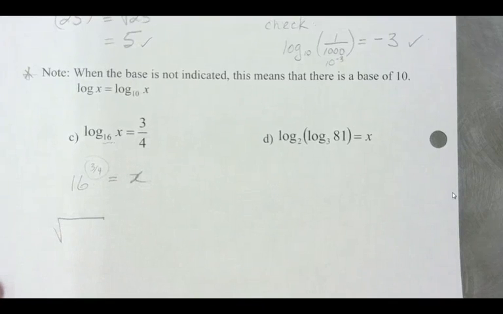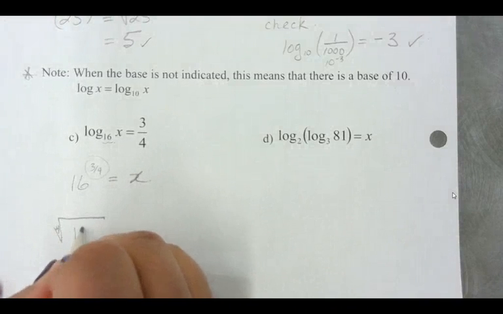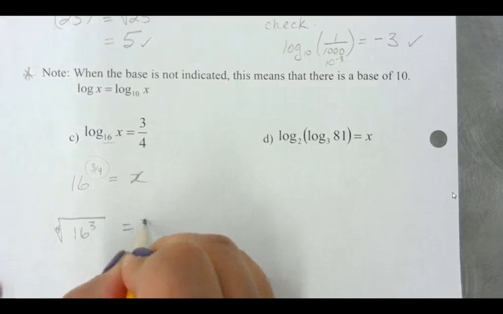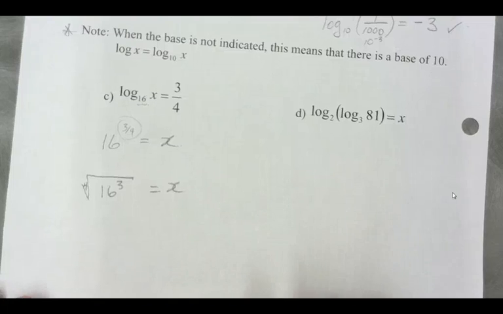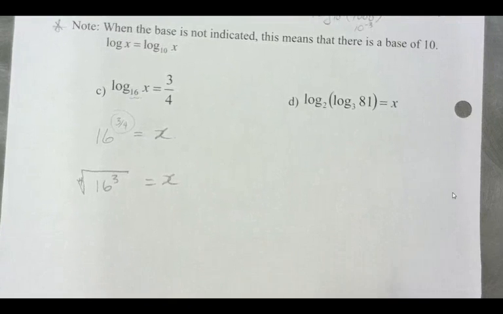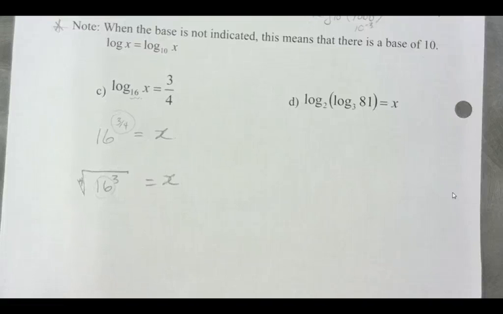I'm going to give you a hint. It's a root of some sort. Which root? The 4th root of 16 cubed. So that's equal to x. We're trying to figure this out. Well, how can we break down 16? What if I wrote it as a base 2 number? What could I say it is?